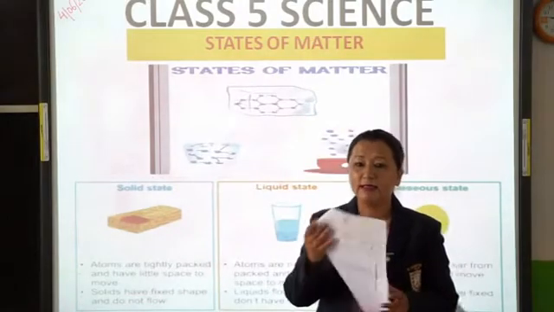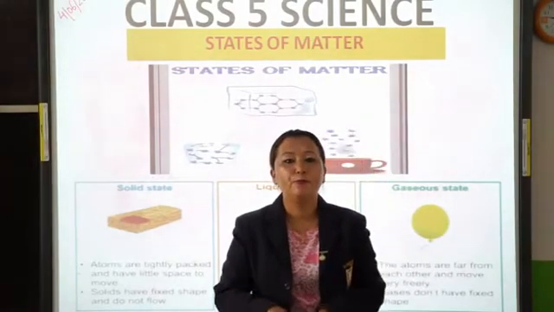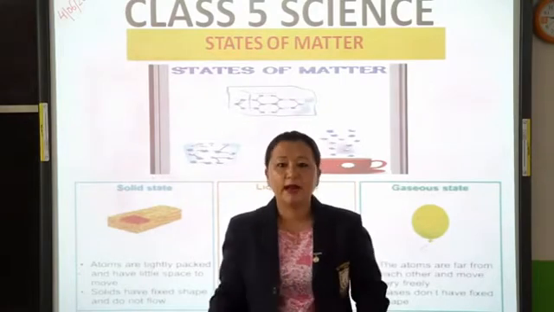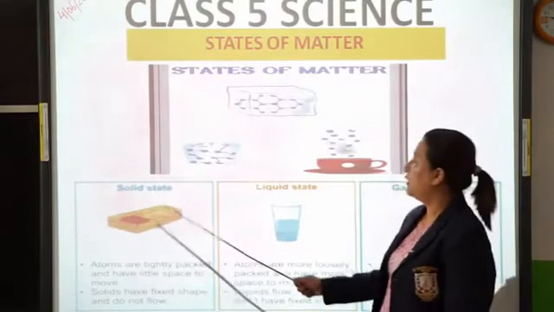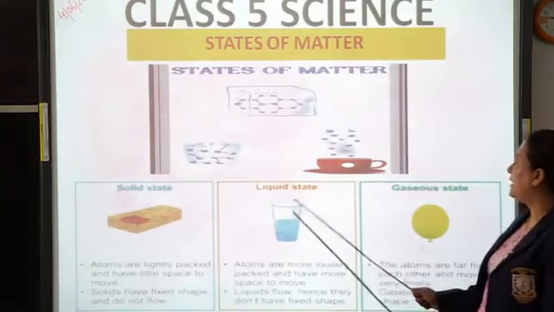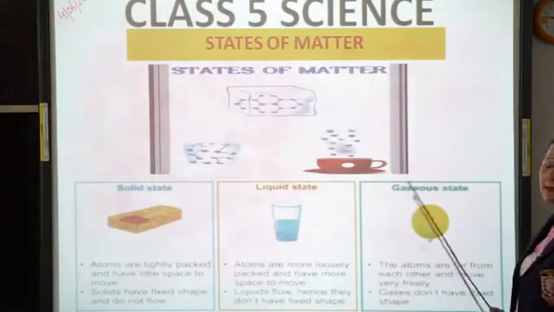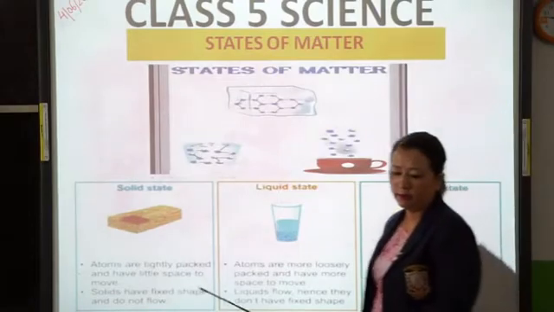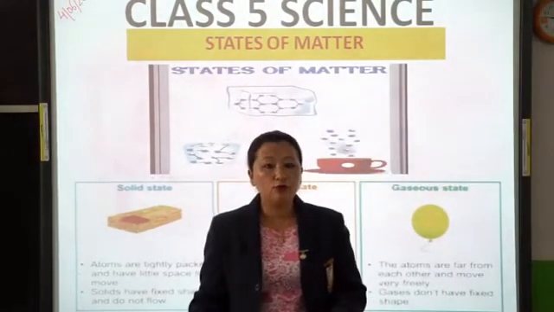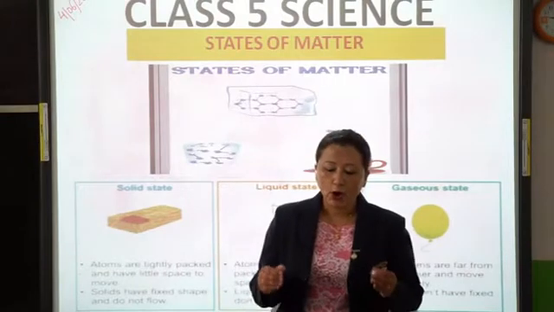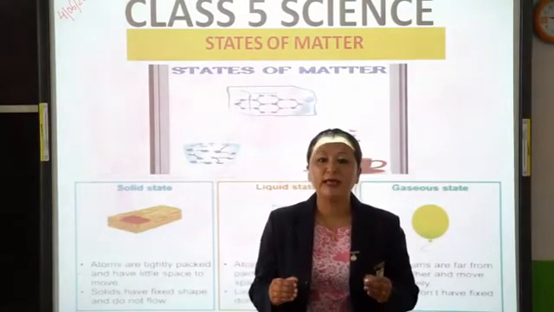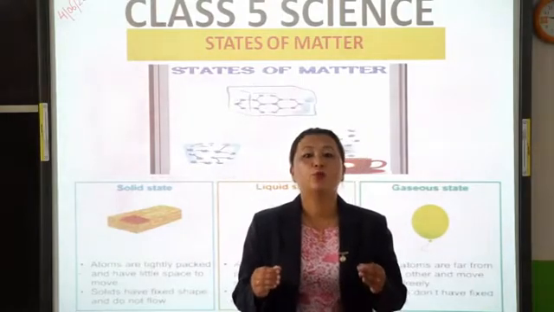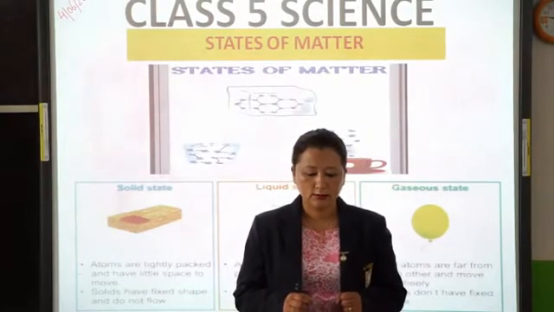Now let's see states of matter. There are three states of matter: solid state, liquid state, and gaseous state. To figure out which state of matter something is in, we need to examine its properties.